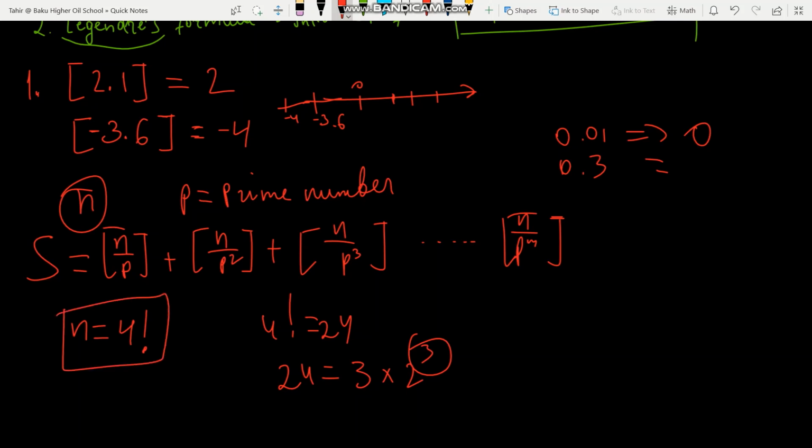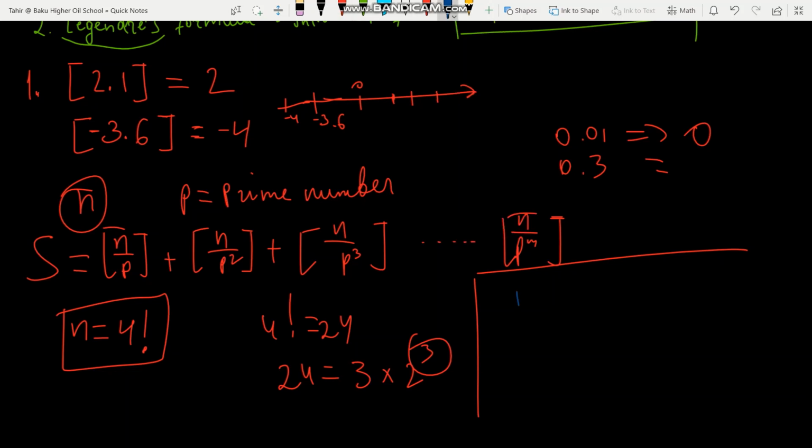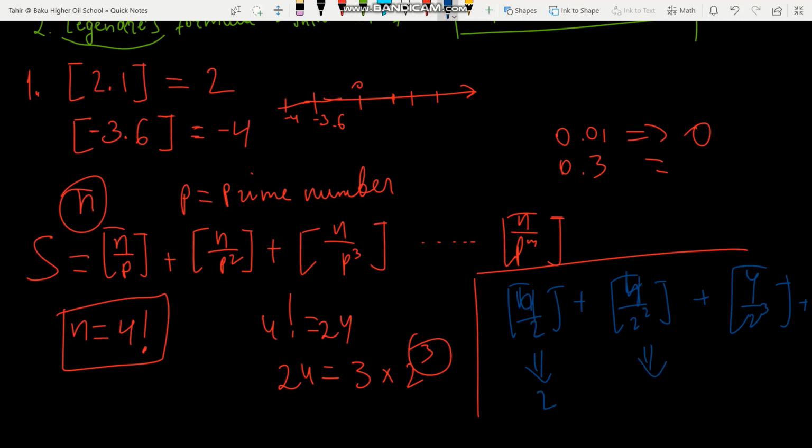And let's put these numbers into Legendre's formula to see whether it is true or not. n divided by 2 plus n divided by 2 square. n is 4 here. Let's write 4 divided by 2 square plus 4 divided by 2 cube, and we don't need to write this formula anymore, because 4 divided by 2 is equal to 2. 4 divided by 4 is also an integer, it's 1.